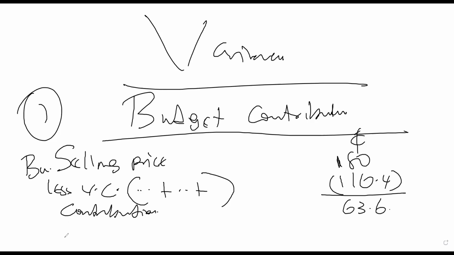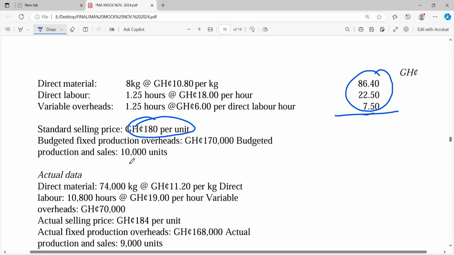Bring the budgeted units produced. Go to the question and pick the budgeted units. What are the budgeted units? 10,000 units.